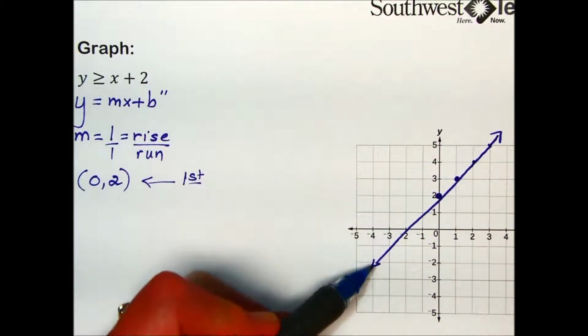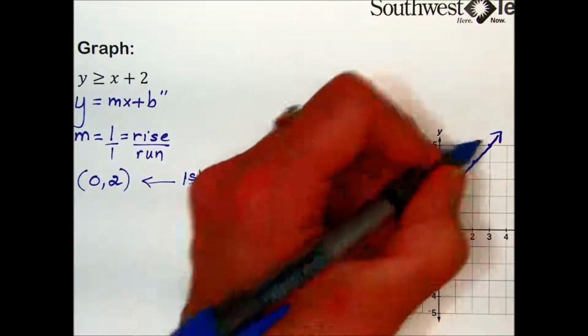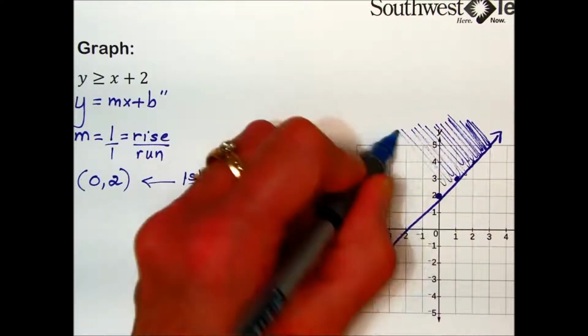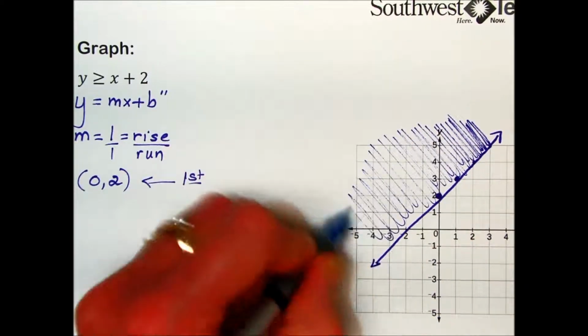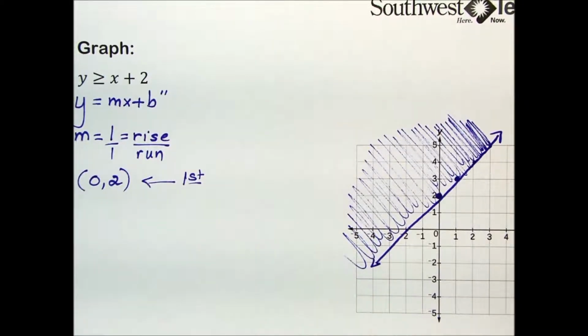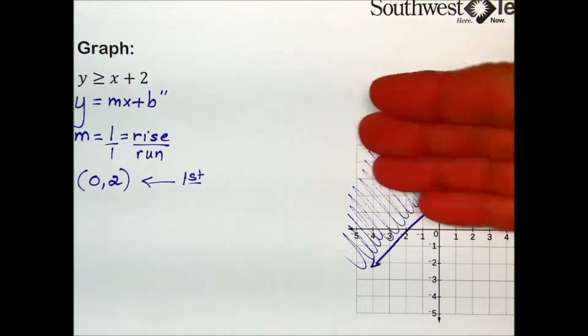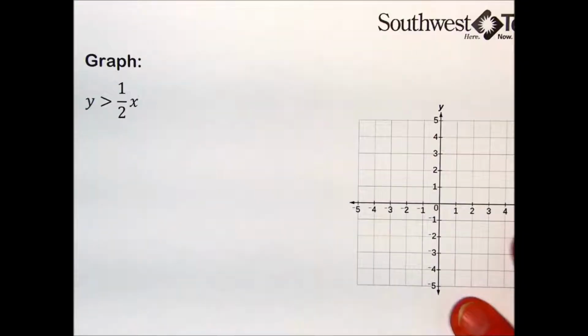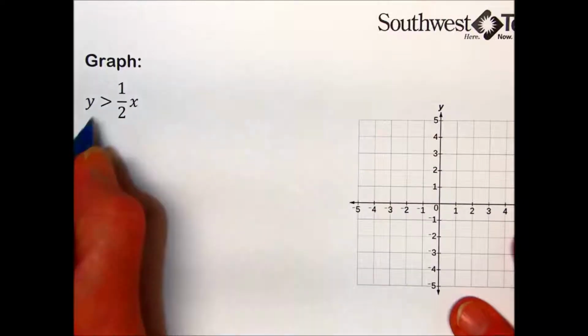The equal to, again, is indicated by the solid line, and we want everything that is on this half of the graph. When you're in MyMathLab and graphing this, you'll have a bucket, a fill, so that you can click on the bucket and fill what we call a half plane. The graph of this linear inequality is a half plane with a boundary that is this straight line.